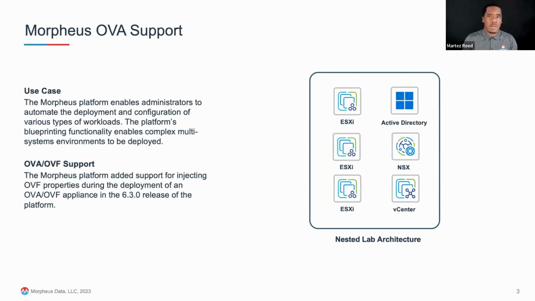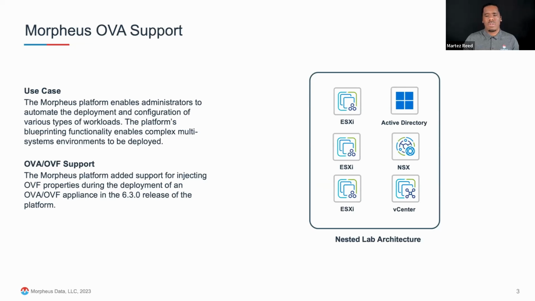So it affords a number of capabilities to quickly simulate or test a given environment, utilizing the capabilities that are offered by VMware's virtualization, and particularly nested virtualization when you start talking about things like ESXi. And so a number of these components can be deployed utilizing standard virtual machines, whether it be like Active Directory, utilize a Windows machine, automate the installation, deployment, configuration of Active Directory in that particular system.